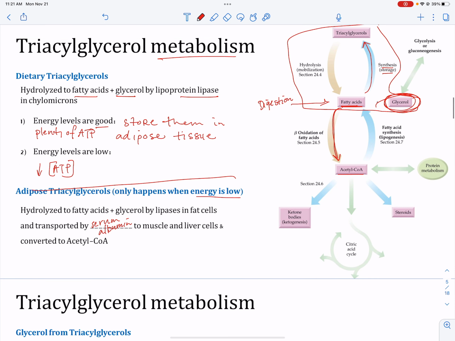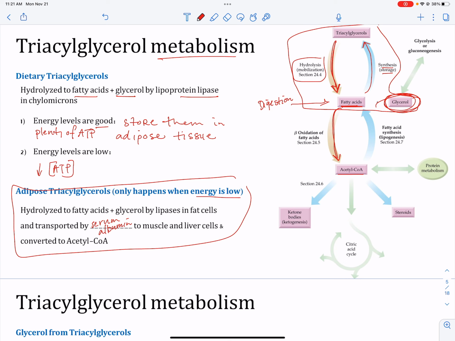So this right here is really talking about this brown arrow, okay? Converting triacylglycerols that we have in storage in adipose tissue back into fatty acids and glycerol. So this brown and this blue arrow that I've highlighted up here are really just opposites. And serum albumin is the one that helps after the hydrolysis happens, transport it for getting it ready for beta oxidation, okay?